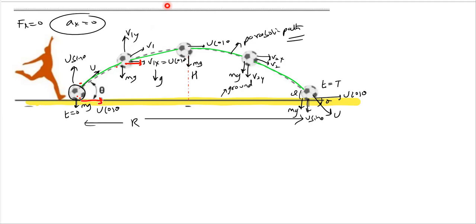Along A to B, we'll write it. A, B, C. A to B will be retardation along the y-axis, with constant velocity along the x-axis.